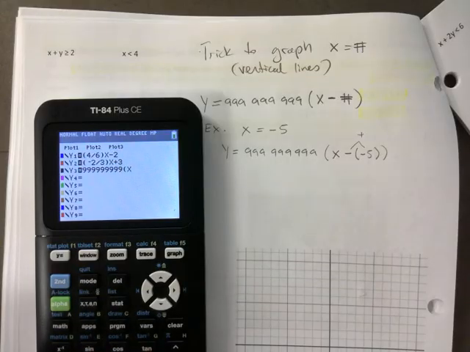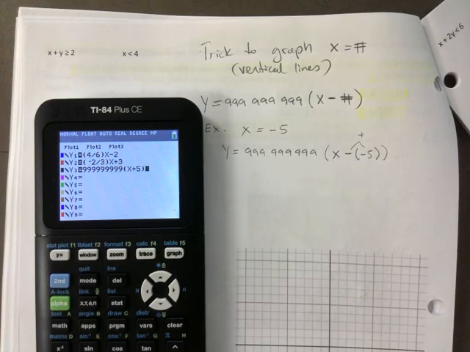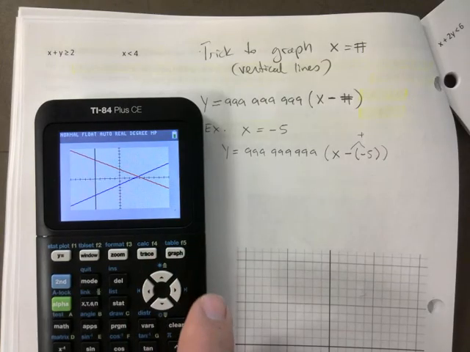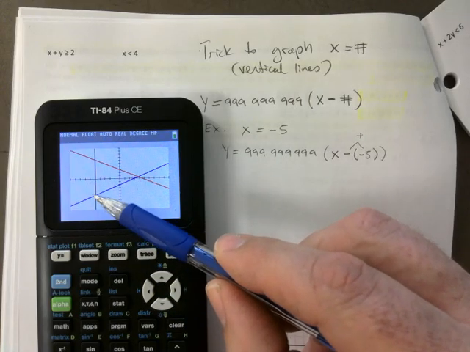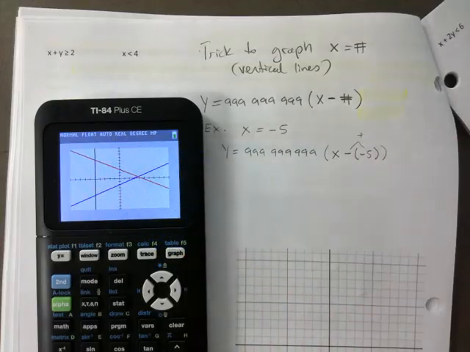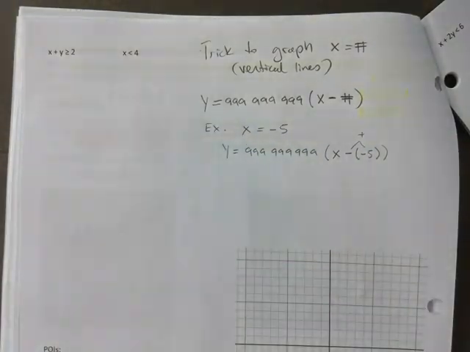And then X plus 5. Close the bracket. And then hit graph. See, graph that line there, the vertical. It will come in handy if you have vertical lines and you have to find the POI, the corner point right there. Same, second trace 5, okay? So there you go.